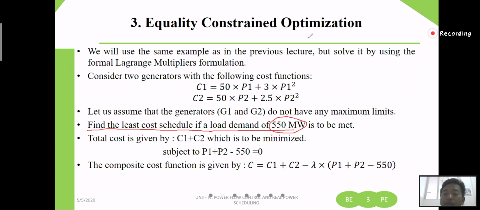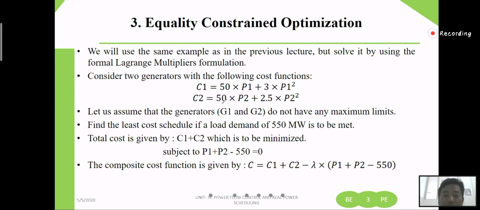It's the same as the earlier problem: we have to make 550 megawatt at the same time. It does not have a maximum limit, which means the inequality constraint is absent and we are considering only the equality constraint. Same as the earlier step, the total cost is given by C1 plus C2, which is to be minimized.